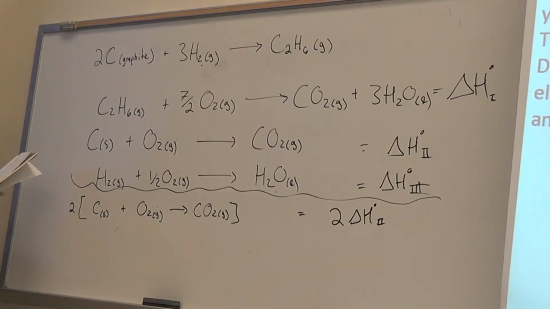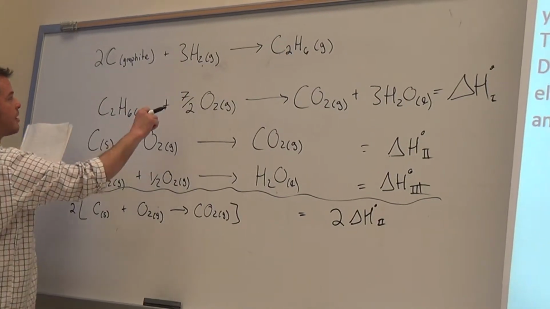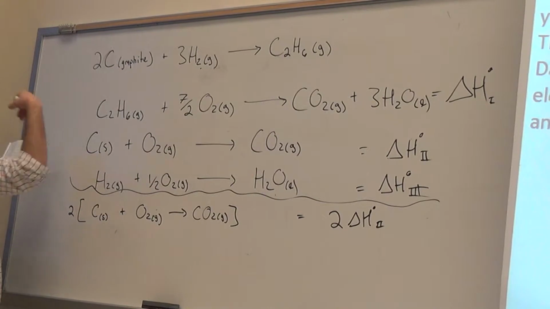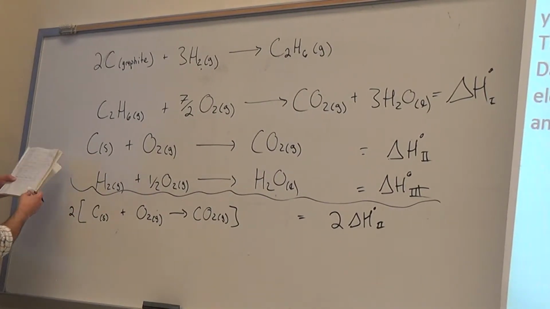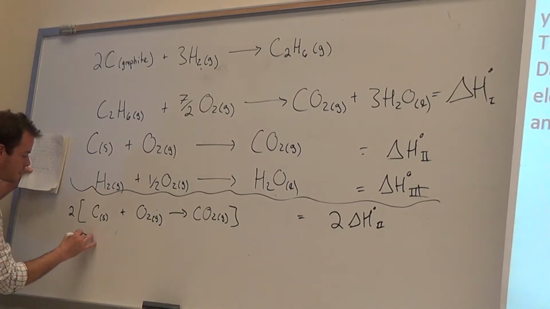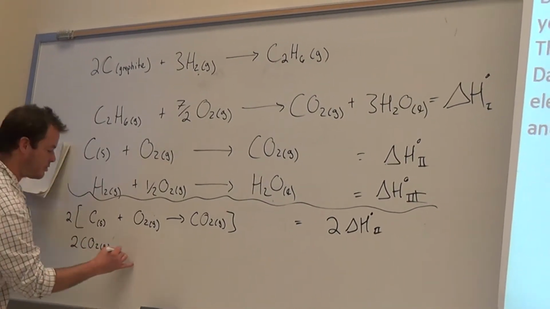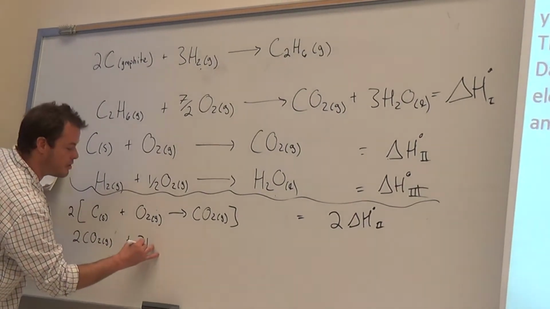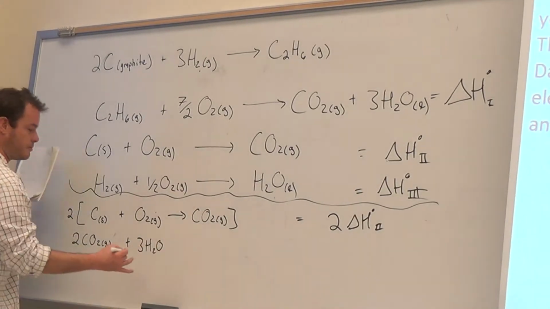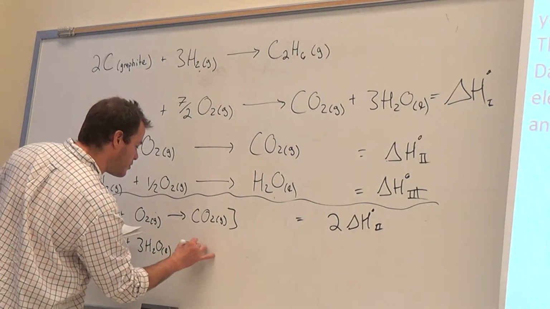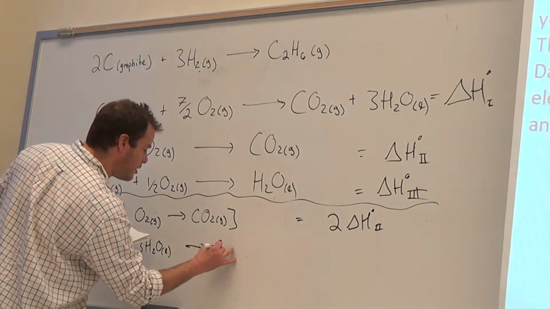We take that reaction, this guy right here, we flip it around, so we've got 2 CO2s plus 3 H2Os going to form ethane.